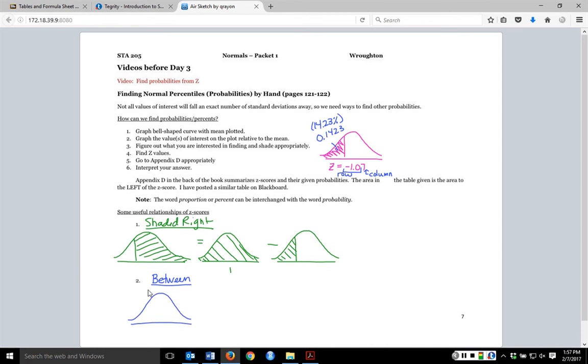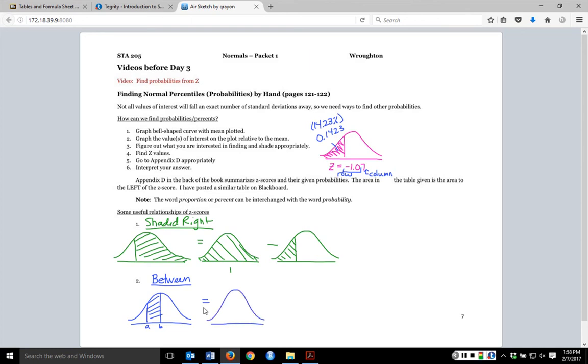So if I have my picture, and I'm trying to find between 2 points, it doesn't matter where these points fall. They can both be smaller than the mean, both be bigger than the mean, one be on either side of it. Doesn't matter as long as you're shaded between. And I want to use the table that I already have to find this.